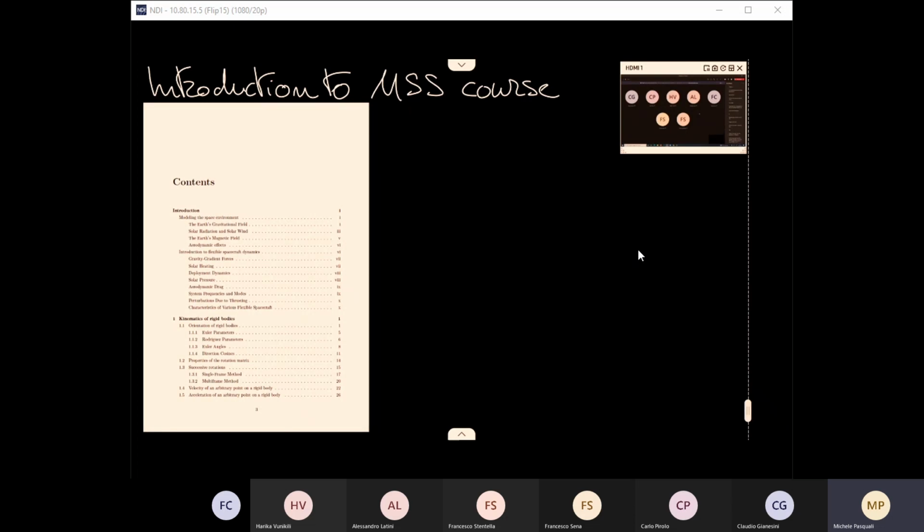So we go through today a very quick introduction to the course, which is what we're already doing, and we will see why it is relevant to deal with the dynamics of multi-body structures for space applications.